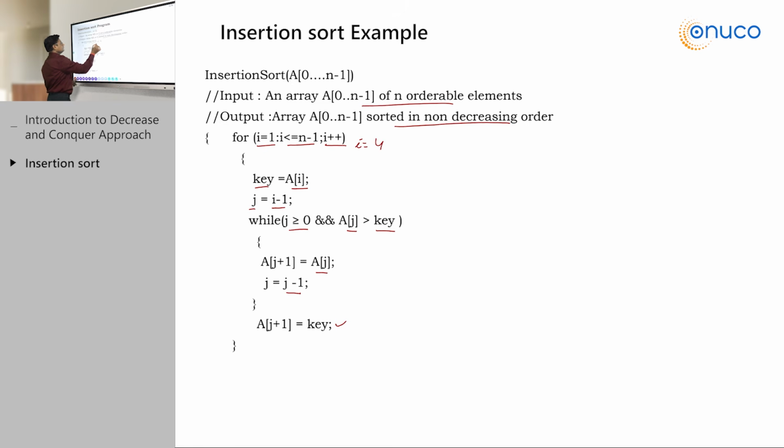I is 4. Key is equal to A of I, A of 4. What is that? It is 6. So key is 6 now. J is equal to I minus 1. So the initial j value is I minus 1, 4 minus 1 is 3.